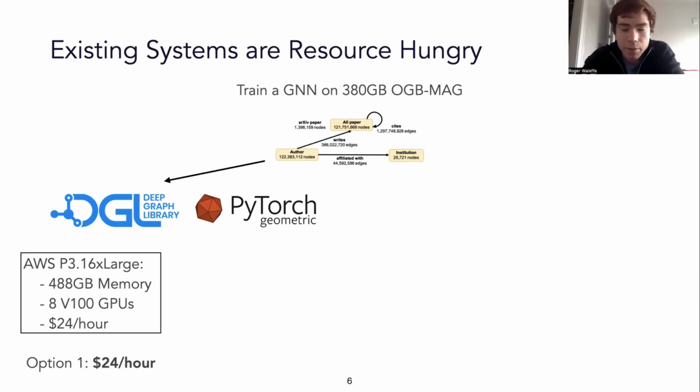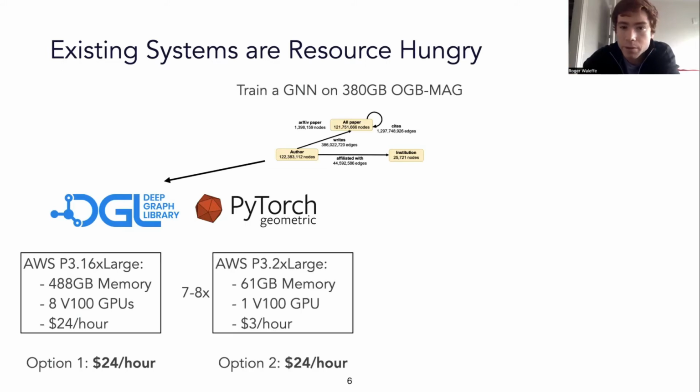Assuming we're using AWS, the simplest option for a practitioner is to use a machine with enough CPU memory to store the graph. For example, a P3.16xlarge, which costs $24 an hour. Alternatively, we might be able to distribute training across 7 or 8 smaller machines, but this would still result in a similar total training cost.